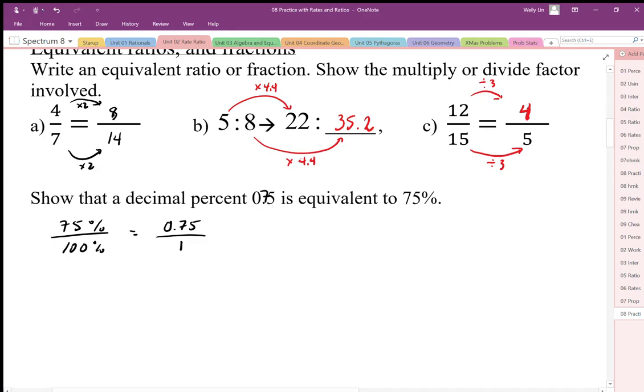And we can show that they are equivalent by showing the common multiplier or divisor. So we're dividing by 100 here, dividing by 100 here. That means there's a times divide relationship between the top and bottom that is the same. They're in proportion to each other. These are equivalent proportions, so they must be equivalent.